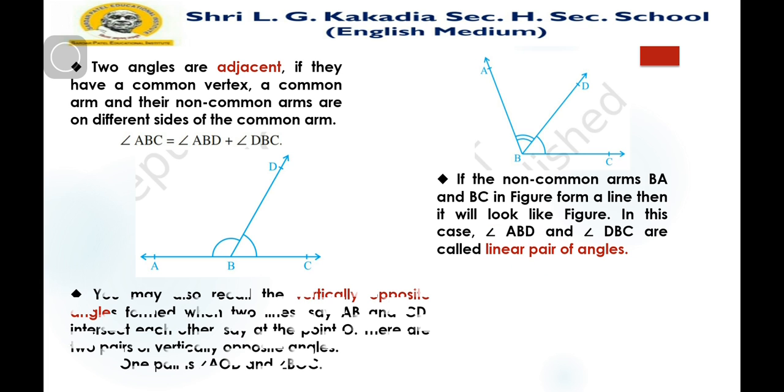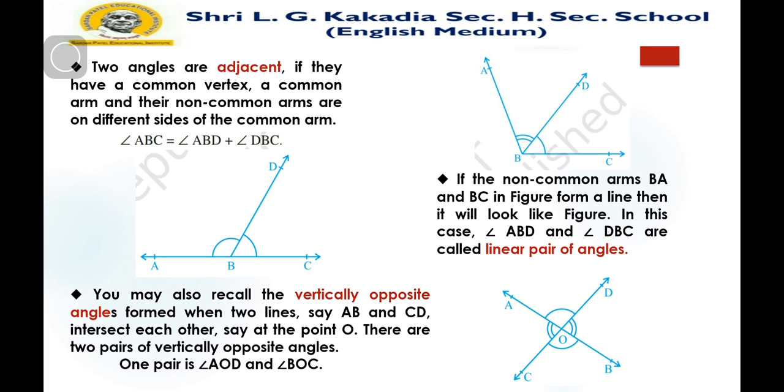As well, you may also recall the vertically opposite angles formed when two lines, say AB and CD, as you can see in the figure, intersect each other, say at the point O. There are two pairs of vertically opposite angles. When two lines intersect at one point, the lines generate four angles.